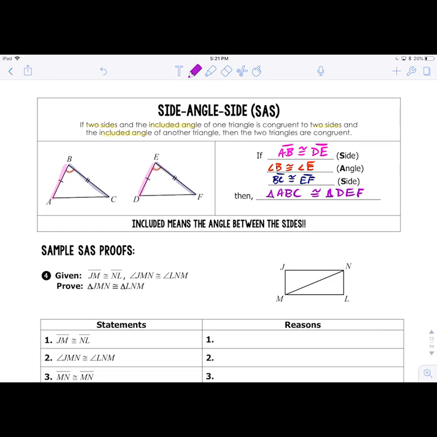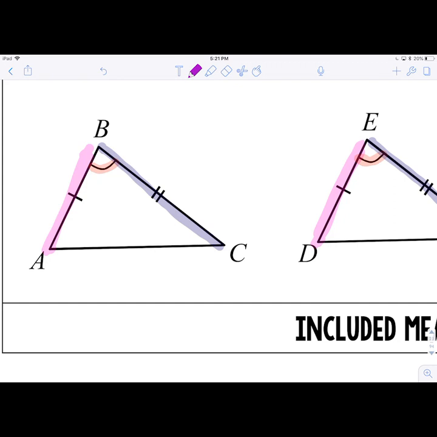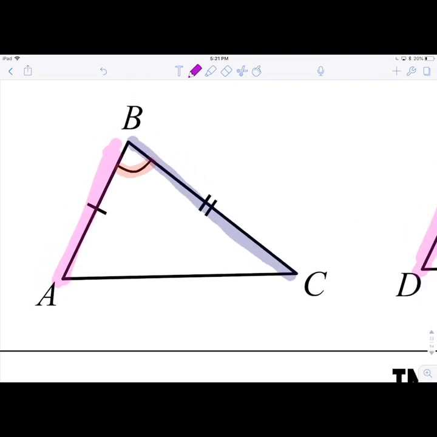Now I want to talk about this word included. Included angle means the angle touches the two sides that we're talking about. So if we were talking about side AB and side BC, the included angle between them is angle B. If we were talking about side AB and side AC, the included angle would be angle A in that case.